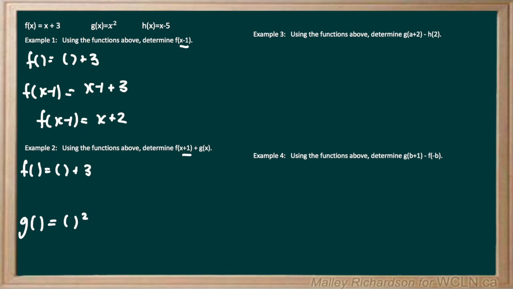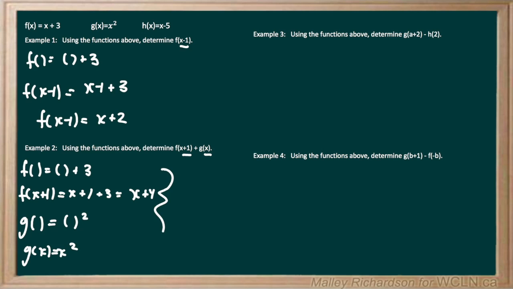So we have f of x plus 1 equals x plus 1 plus 3, which can combine to form x plus 4. And now we have g of empty brackets equals empty brackets squared, but the variable they want us to use is x. So we're going to have g of x equals x squared.